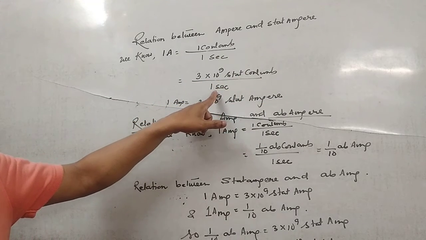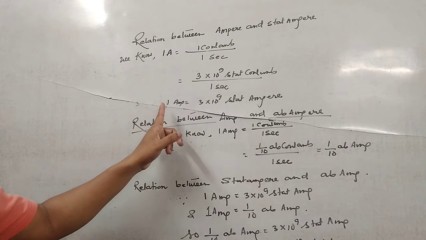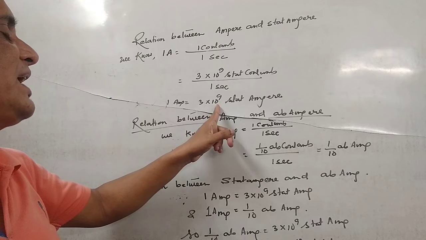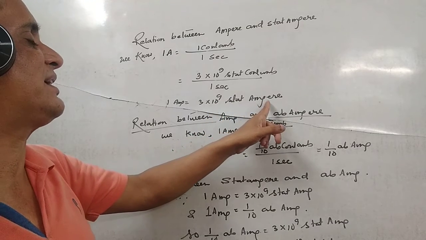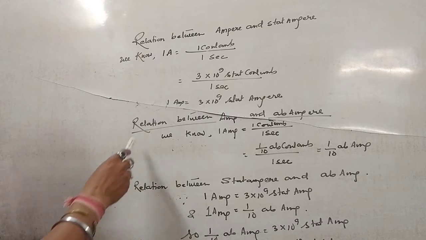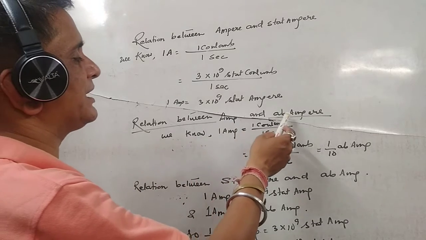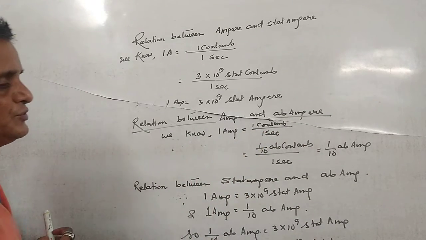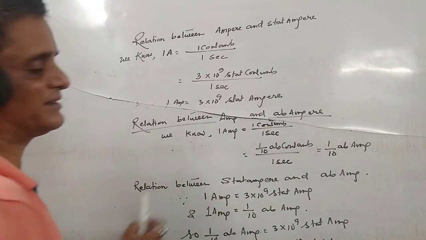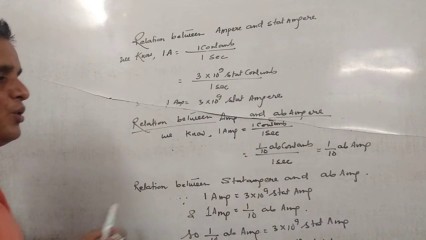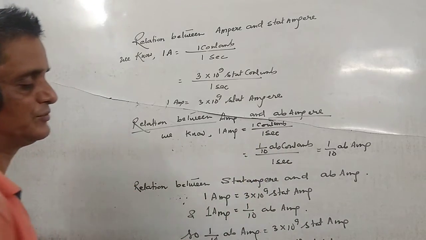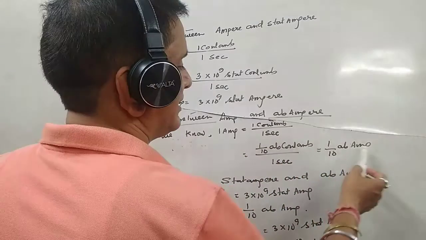So 1 ampere is equal to 3 into 10 to the power 9 stat ampere. Again, the relation between ampere and ab ampere: 1 ampere equals 1 coulomb by 1 second, and 1 coulomb equals 1 by 10 ab coulomb, so the result is 1 by 10 ab ampere.